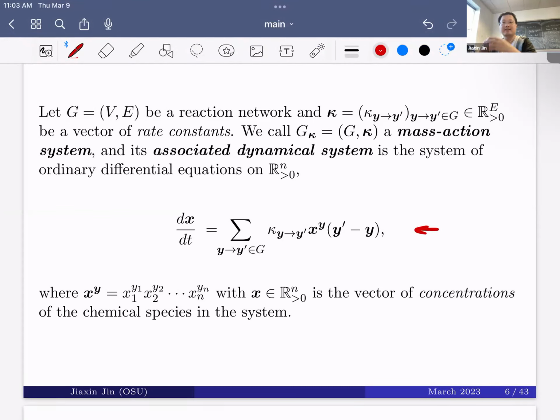The right-hand side is the summation over all reactions, where the first part, k times x to the y power, stands for the reaction rate, while the second part, y prime minus y, means that once this reaction happens, we have one more y prime and one less y. So that is the difference of y's on the right-hand side. This is how we get the associated dynamical system of mass action.